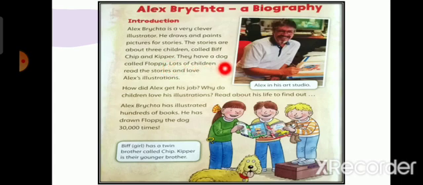They have a dog called Floppy. Lots of children read the stories and love Alex's illustrations. Illustrations mean pictures. How did Alex get his job? Why do children love his illustrations? Read about his life to find out.